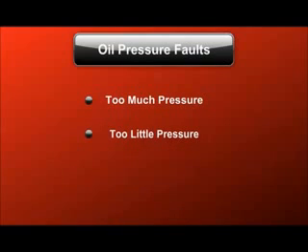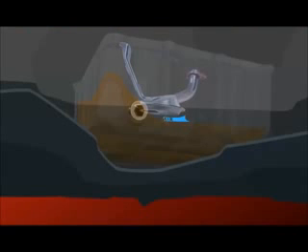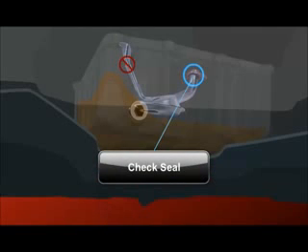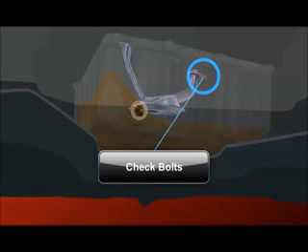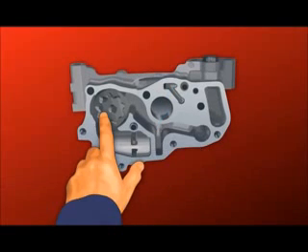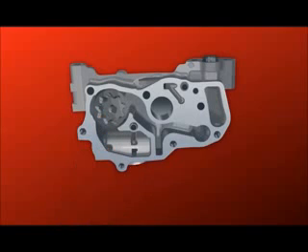As stated earlier, oil pressure faults may result in too much pressure or too little oil pressure. Low oil pressure can occur when air enters the suction side of the oil pump. Both low oil levels and internal leaks can cause this fault. To prevent suction side problems during engine assembly, make sure the pickup is properly sealed, mounted tightly, and the pump rotors have been primed with a thin coat of oil.